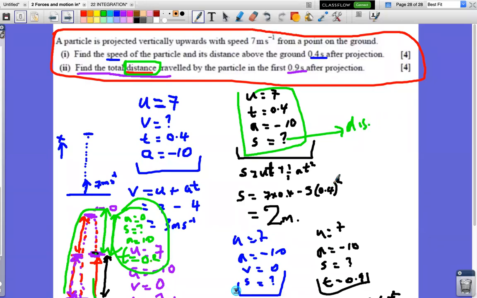It is only distance if an object is moving in a straight line and it's not moving back and forth. If it's just one straight line and moves from origin to the final point, then the distance and the displacement will be the same.